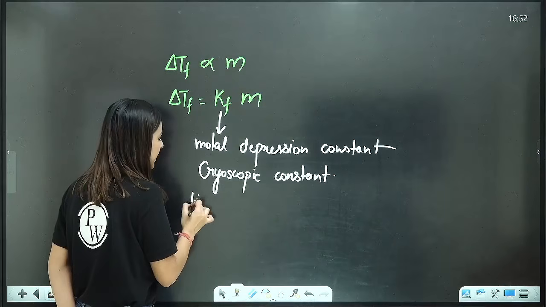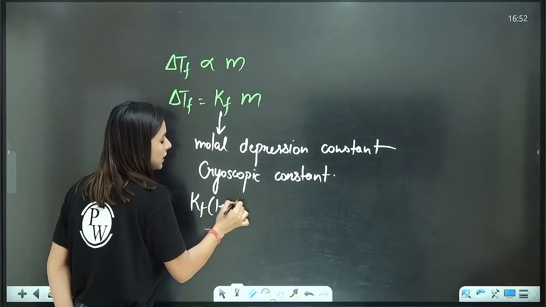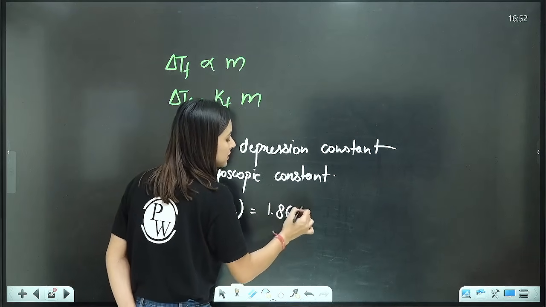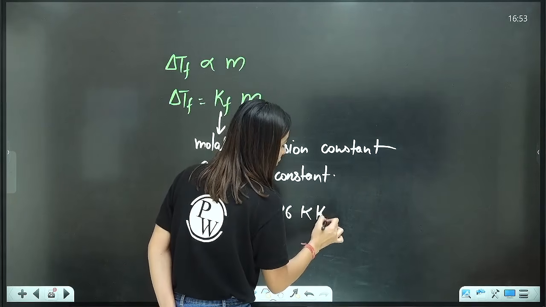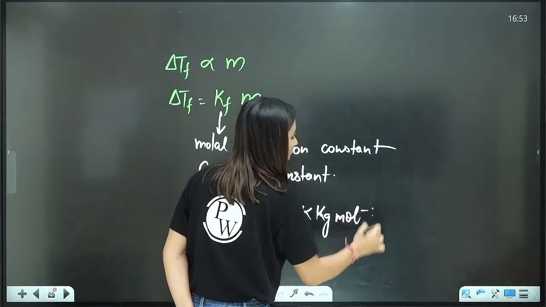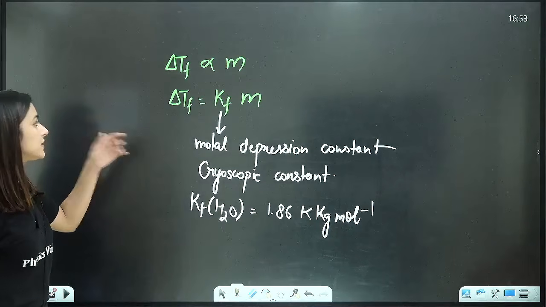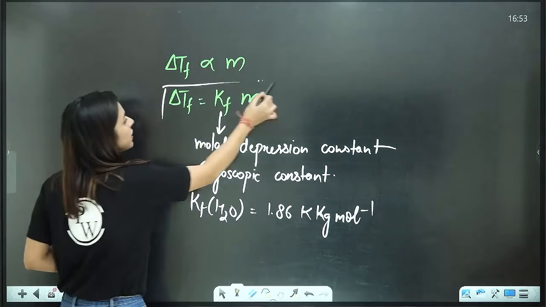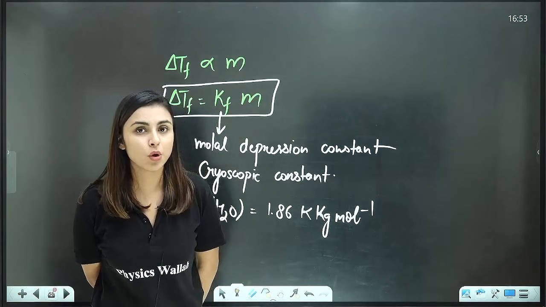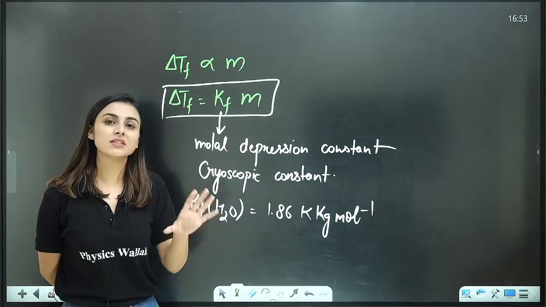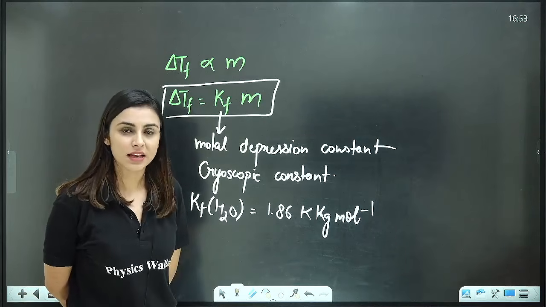For example, the Kf value for water is 1.86 K kg mol⁻¹. So this is how you calculate the depression in freezing point, and this is used in various numericals which we are going to discuss.